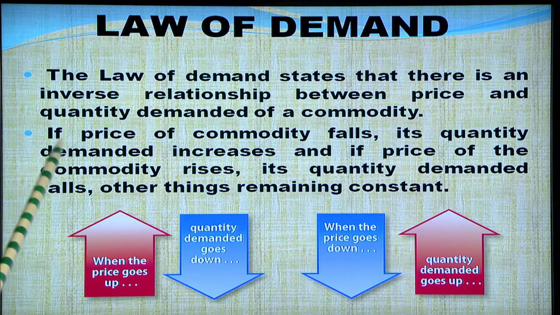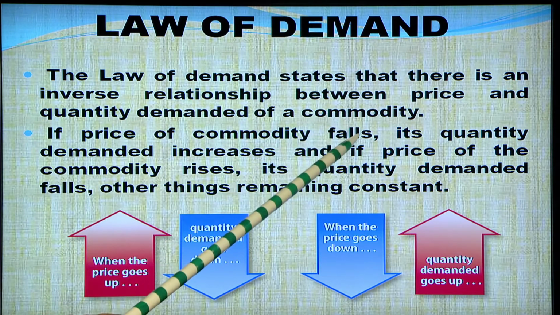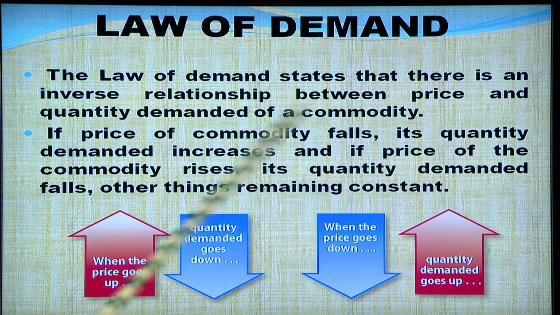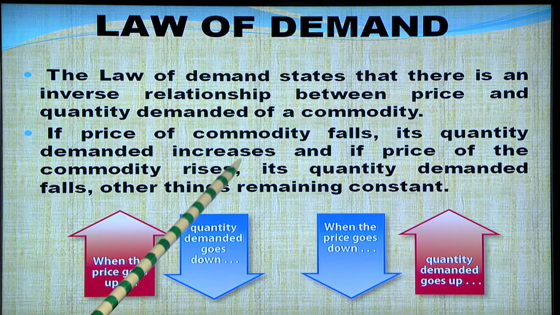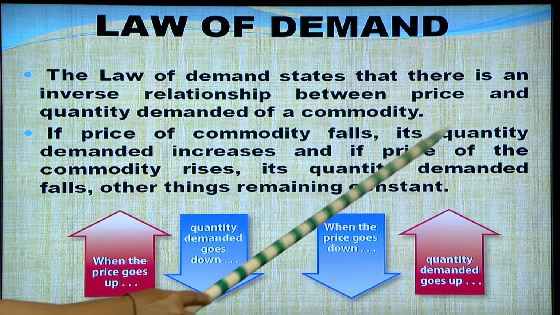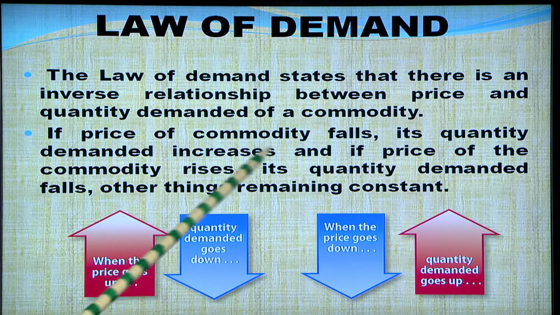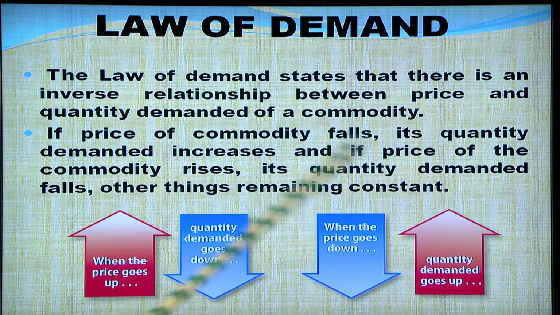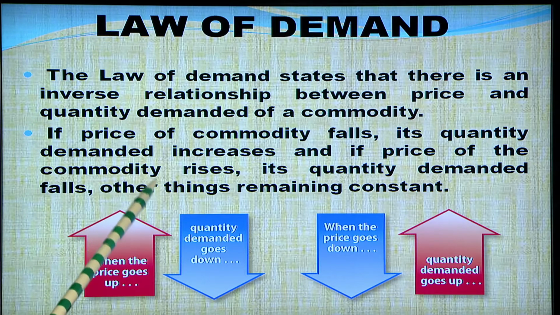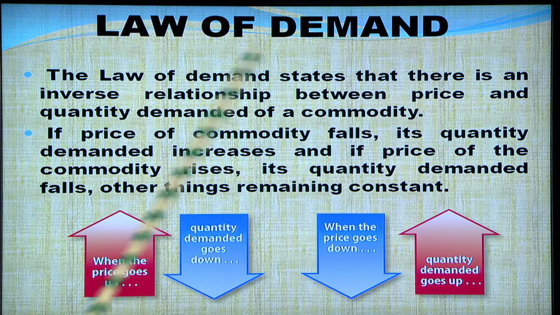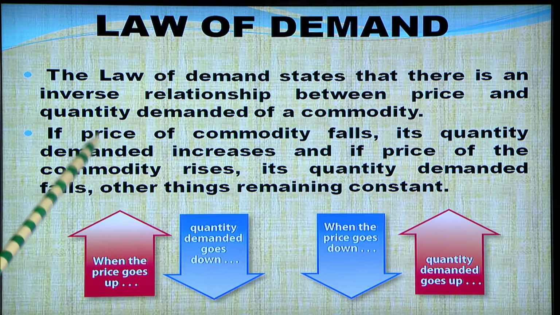That is, if the price of a commodity falls, its quantity demanded increases, and if the price of the commodity rises, its quantity demanded will fall, other things remaining constant. This has also been shown with this diagram. When the price goes up, quantity demanded will go down, and when the price goes down, quantity demanded will go up.